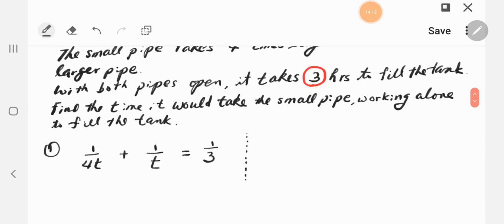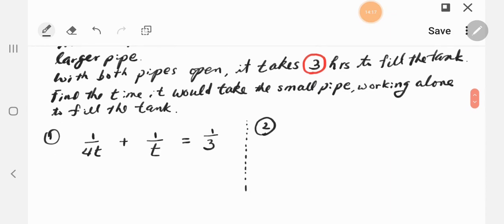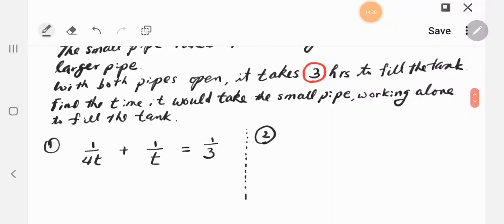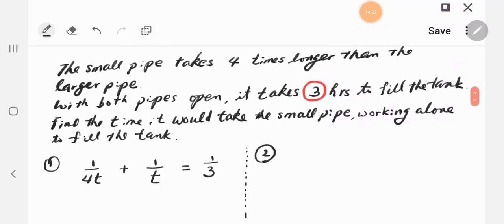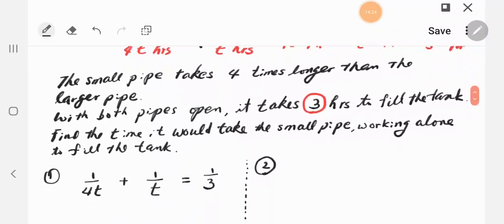And then you can set up another equation. Actually, these 2 equations will give you the same answer. The second equation is the work rate. The work rate for the smaller pipe is 1/40 of the tank filled per hour. So multiply this by how many hours?